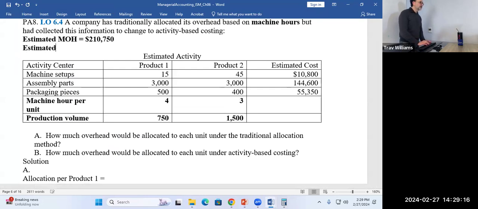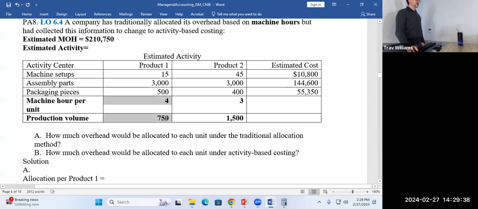What activity are we working with? Machine hours. Okay, so production is going to be part of it, but how do we figure out how many machine hours we're expecting to use? Yes, so if we take 4 machine hours times 750 units, that means for product 1, that's going to be 3,000 machine hours, right? 4 times 750 equals 3,000.